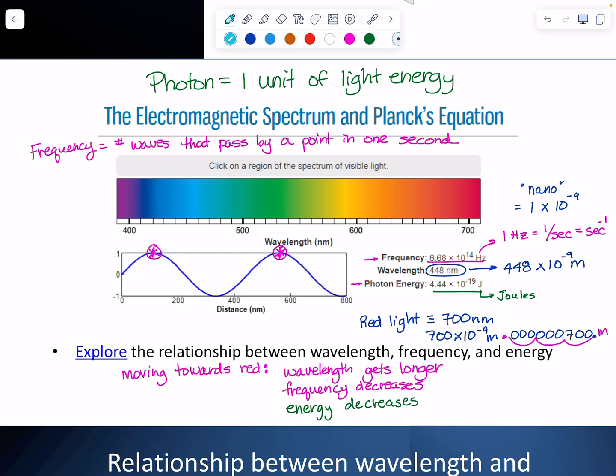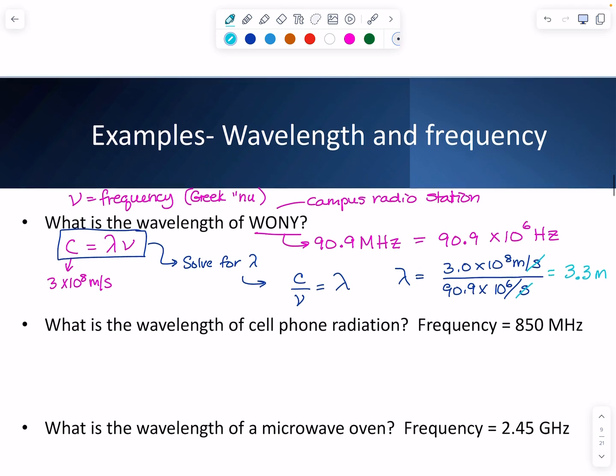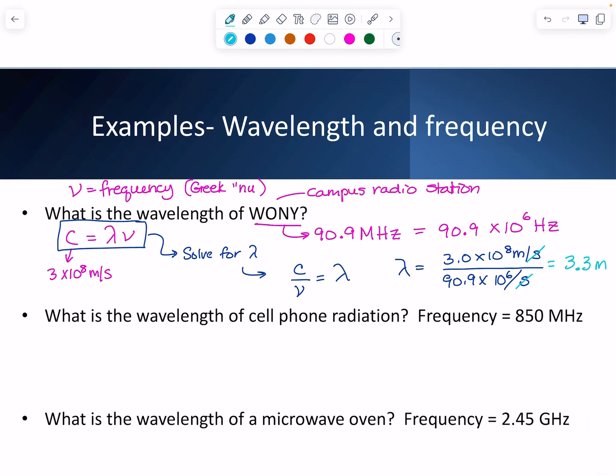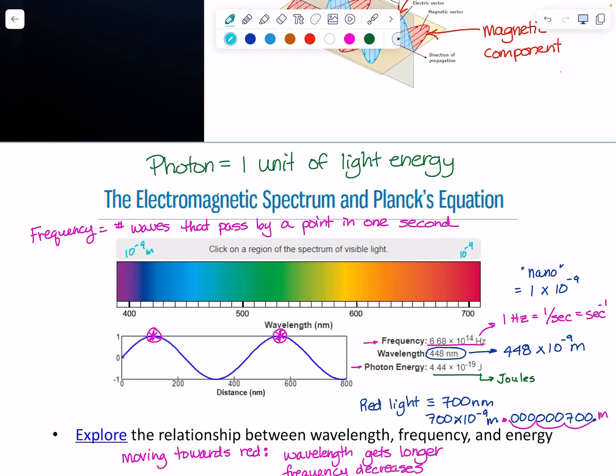Here we have 448 times 10 to the minus 9 meters, and this was also times 10 to the minus 9 meters. Here we got an answer of 3.3 plain meters. Very long. So radio waves are going to be beyond the red, somewhere way over here. And that's where we want them to be.